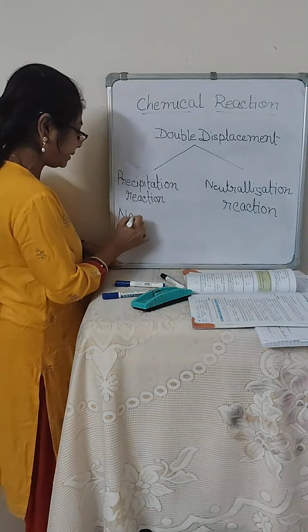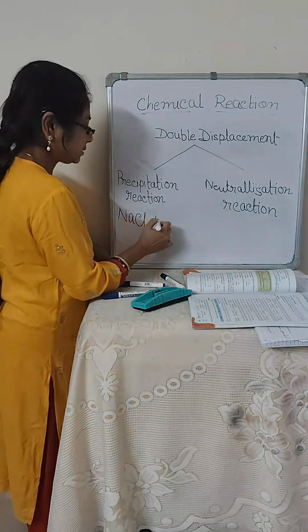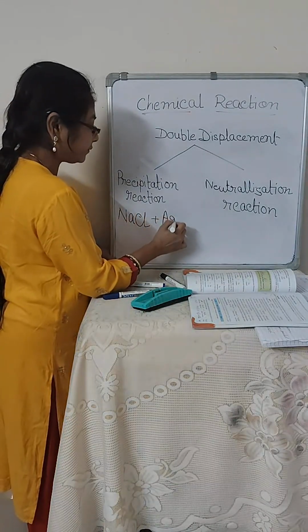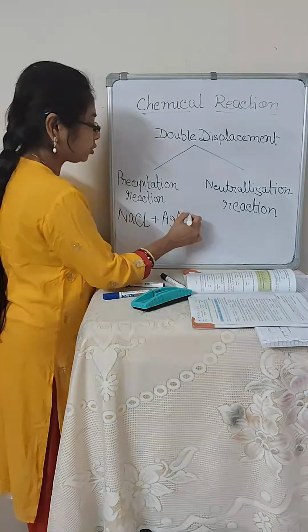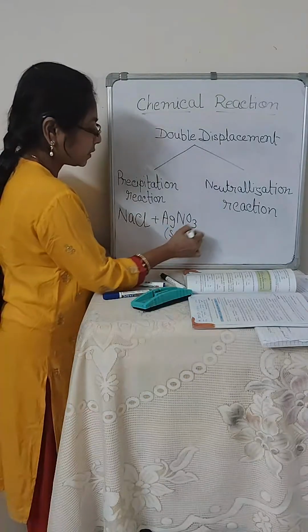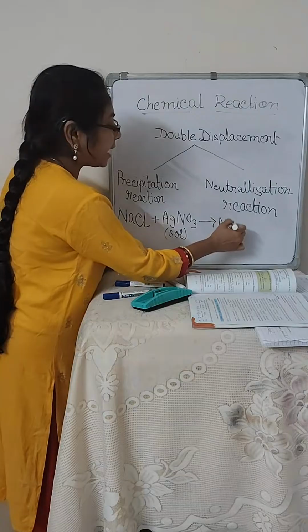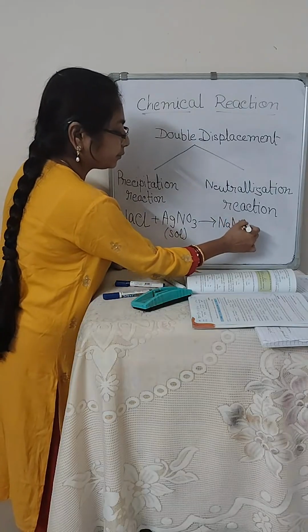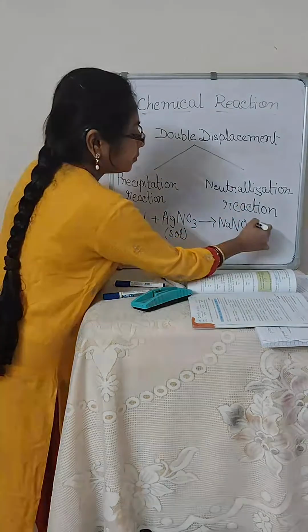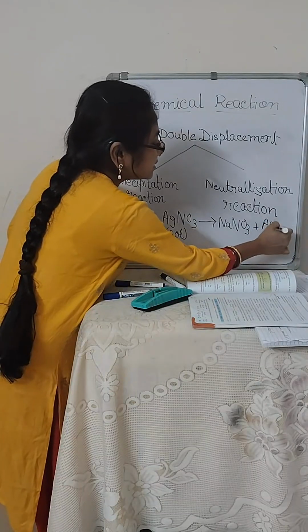Sodium chloride, NaCl, plus silver nitrate, AgNO3. It is a solution, so I write aq. After that, what happened? Sodium nitrate, NaNO3, plus silver chloride, AgCl.